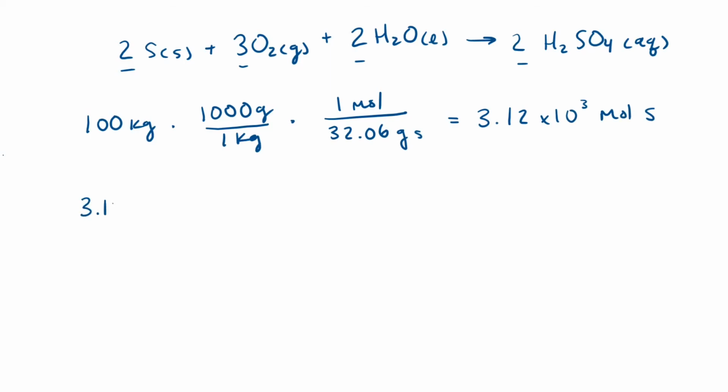Next, we'll use the stoichiometric values to determine the ratio that will tell us how many moles of sulfuric acid we can produce from this many moles of sulfur.